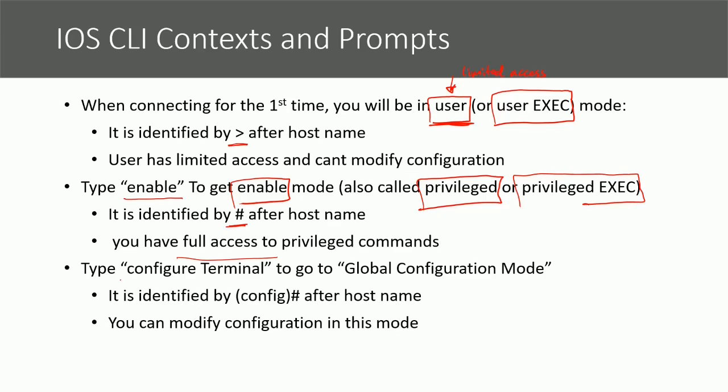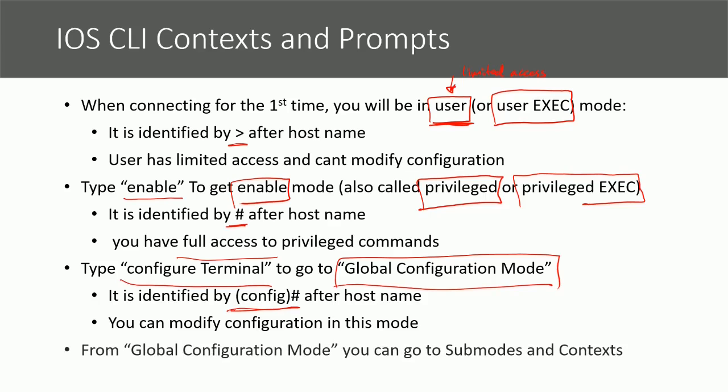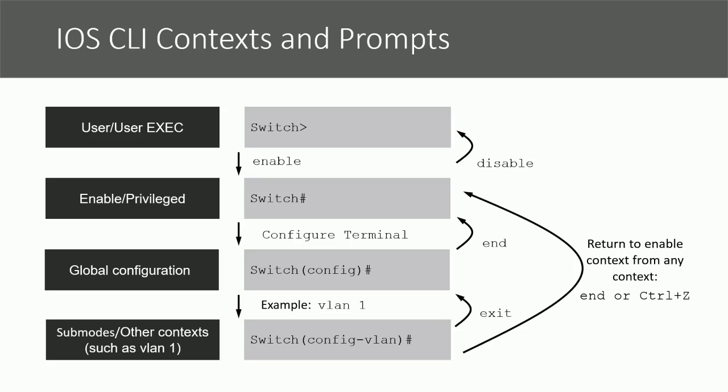You need to type configure terminal, and this will move you to a different mode, which is global configuration mode. This global configuration mode is identified by the hostname, then config, then a hash, and in this mode you can make changes to the configuration. From global configuration mode, you can go to many submodes and many contexts that we will discuss in the coming slides.